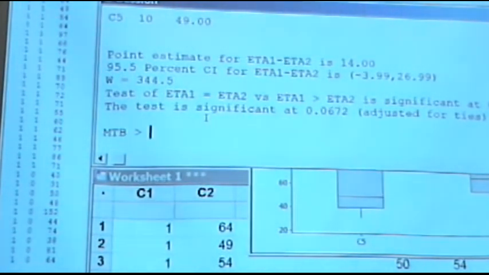The data for placebo and the data for treatment, and I'm testing 0 versus the alternative that the parameter delta is positive.